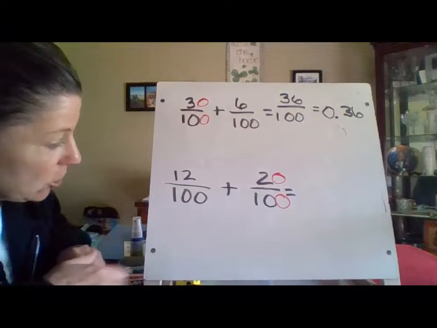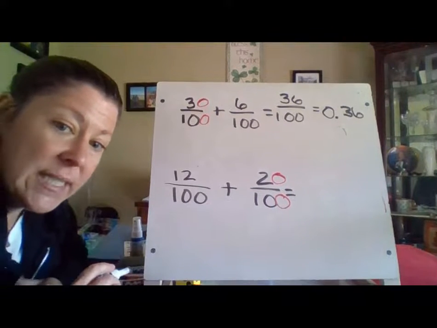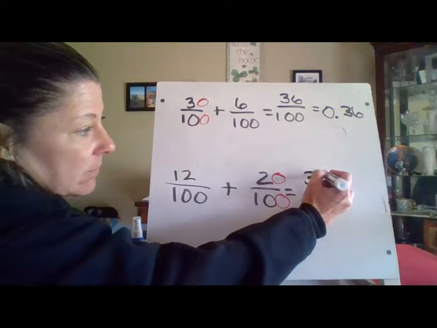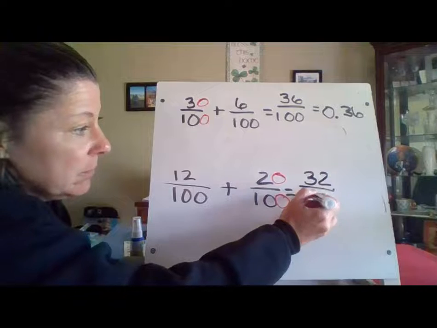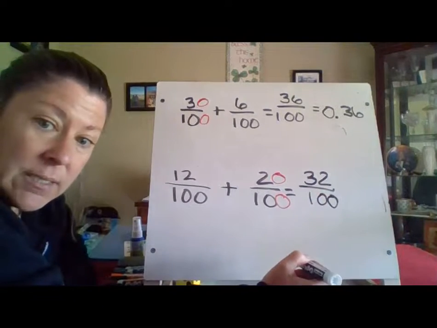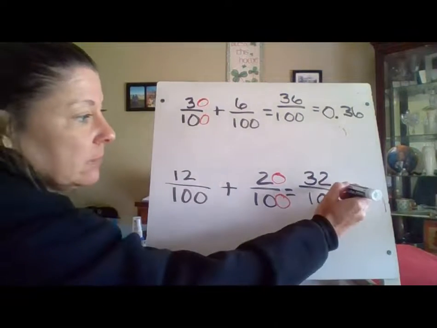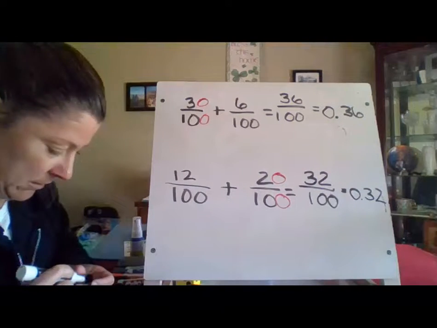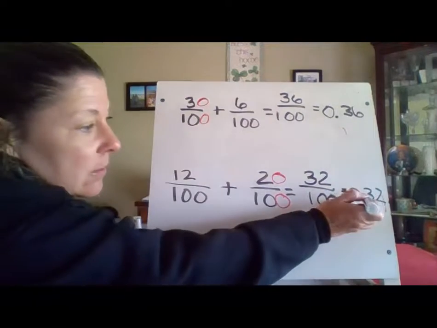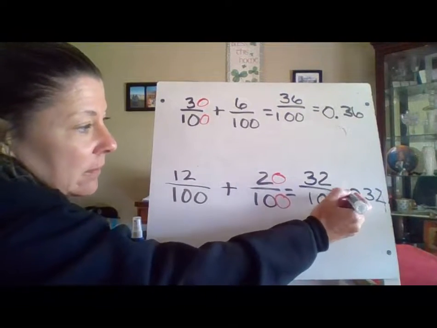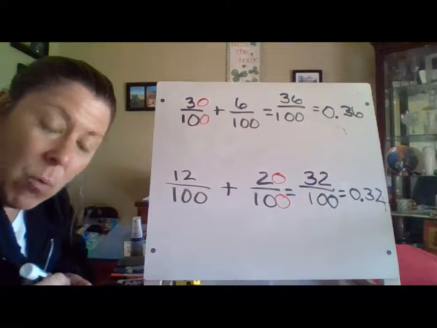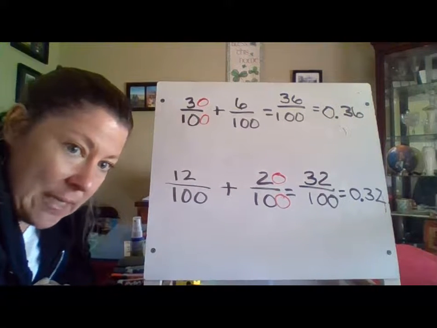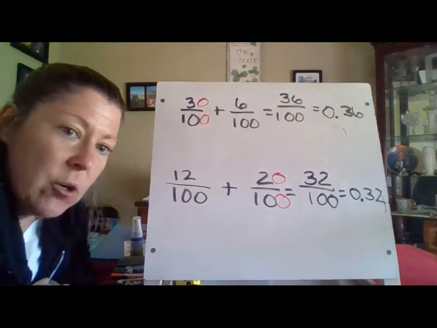So now I have 12/100 plus 20/100. 12 plus 20 is 32/100, which in decimal form is 0.32.